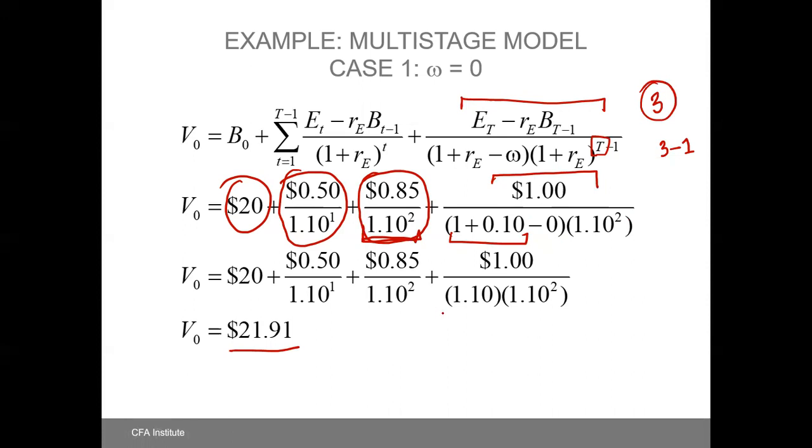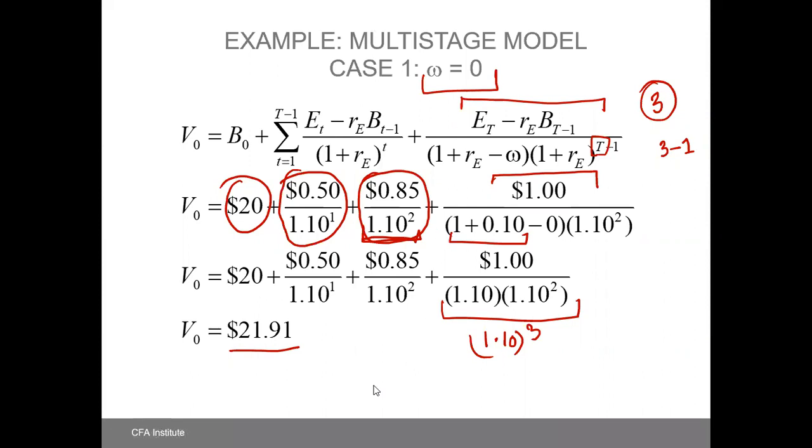But here you see, if the persistence factor is 0, is it equal to 1.10 to the power cube? The denominator becomes 1.10 to the power 3.